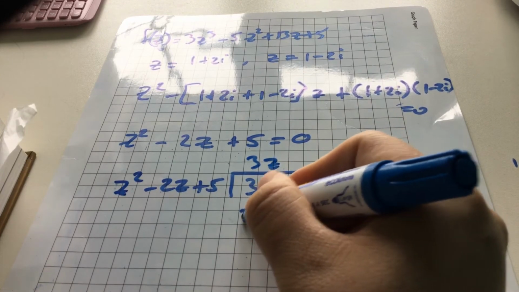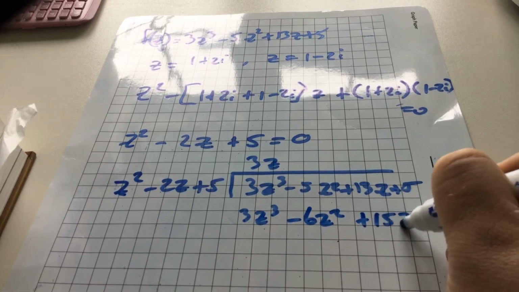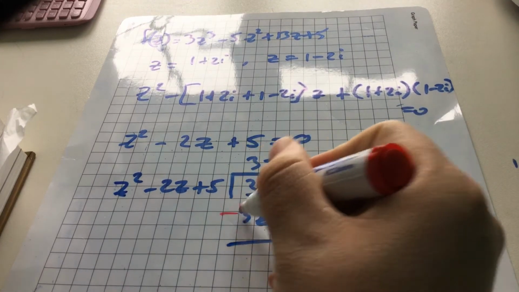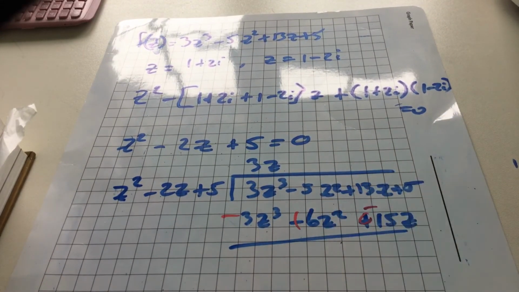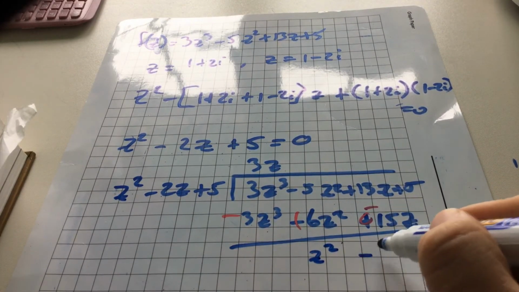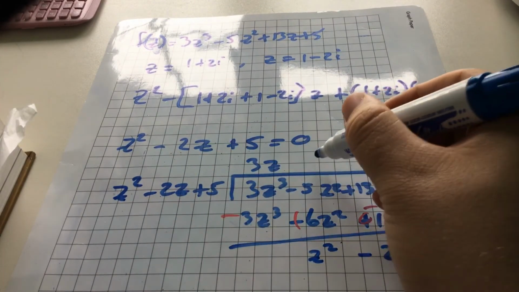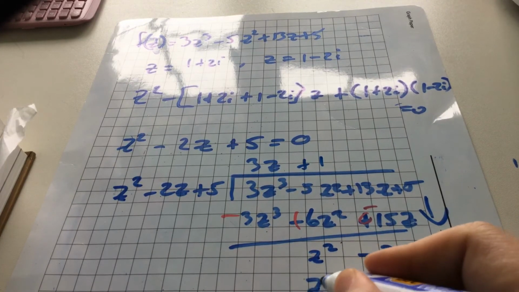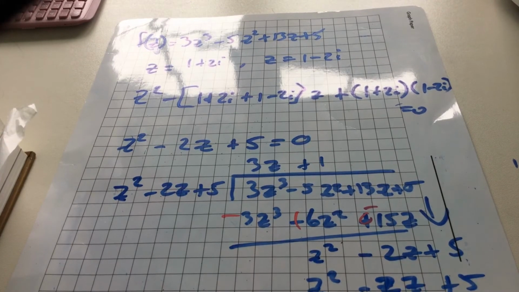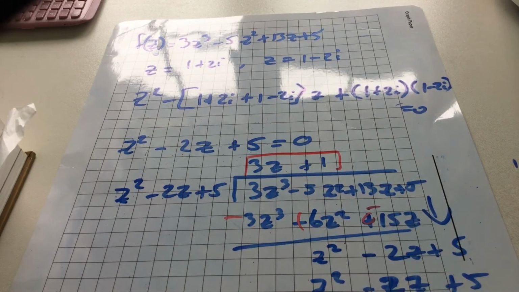Multiply that back out: 3z cubed minus 6z squared plus 15z. Change the signs. So I get z squared minus 2z, and then bring down the plus 5. z squared into z squared is plus 1. So I get z squared minus 2z plus 5, which goes to 0 when I subtract it. So 3z plus 1 is the other factor.